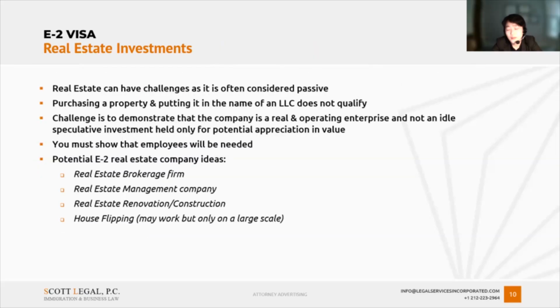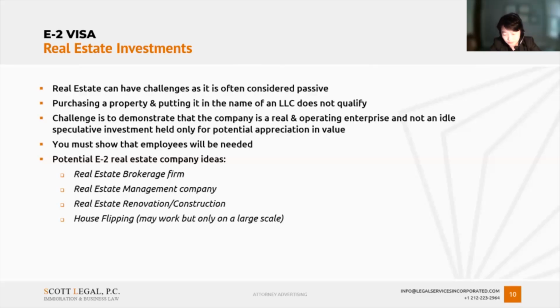Now, there are particular categories of businesses that are considered a little bit more risky for E-2 visa purposes. One of these examples is real estate investments. If you're investing in real estate and trying to use that as part of an E-2 visa application, that can have challenges because investing in real estate is often considered a passive investment.